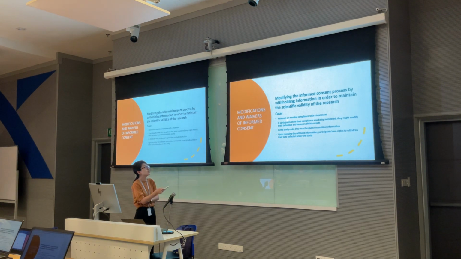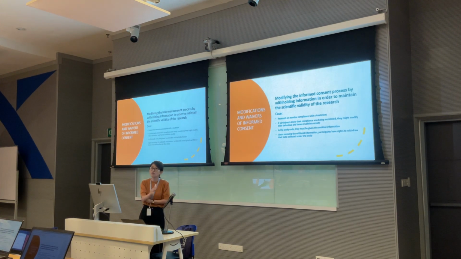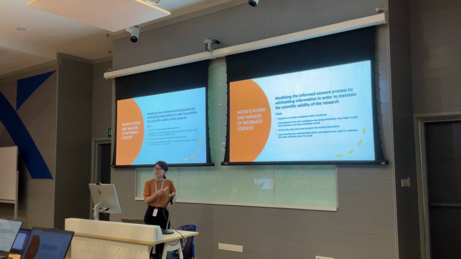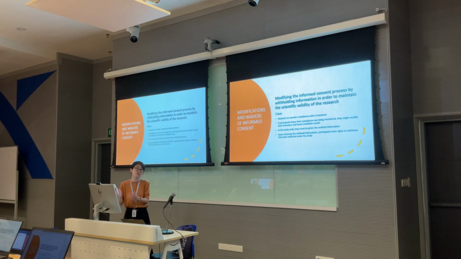Because in this situation, if you tell the participants, oh, I will monitor all your activities, all your daily lifestyle, all your daily habits, all your diet, I will monitor everything, the participants, of course, will modify their behavior, right? They will act good, which will lead to invalid results. They will already have an impact on your results.